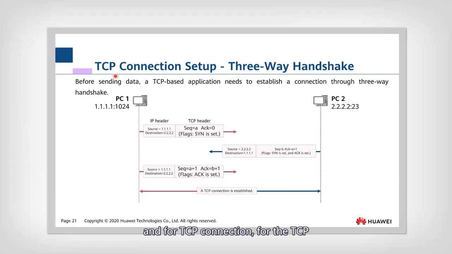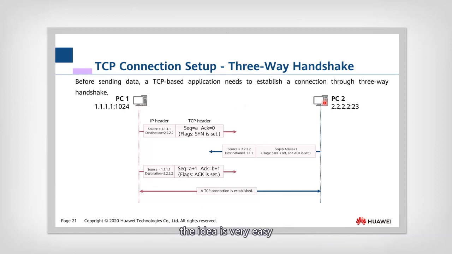For TCP, to guarantee reliable data transfer, it needs to first set up a connection. This is the sender, and this is the receiver. Before sending any data, they first need to set up a connection, which you can think of as an end-to-end link. How do we set up this connection?